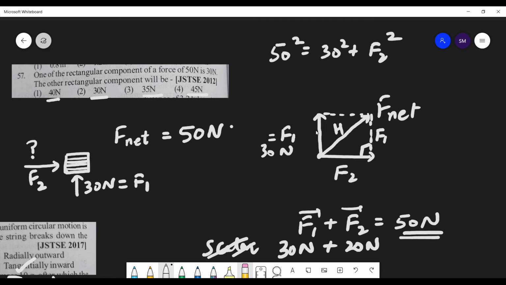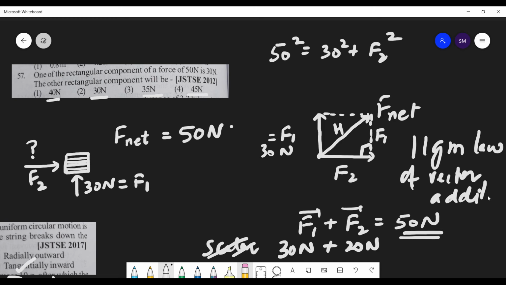So that is how we add vectors. This is the parallelogram law of vector addition. Okay, students? Got it? We have done it earlier also.